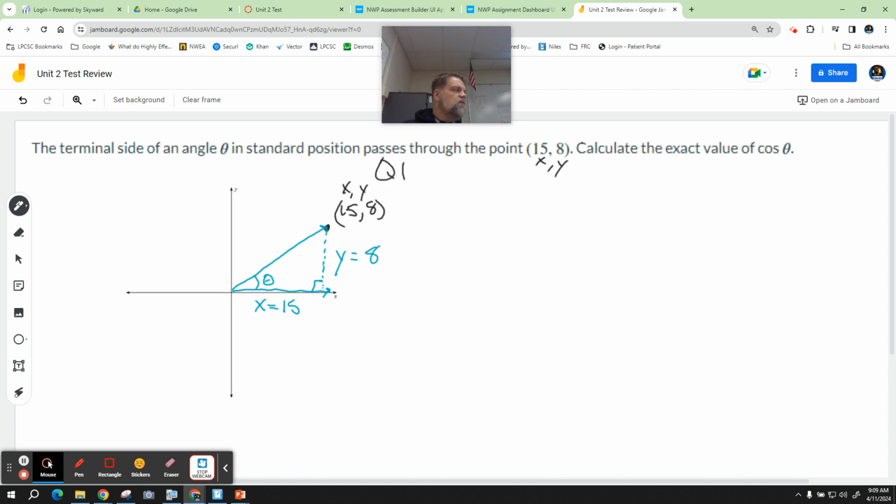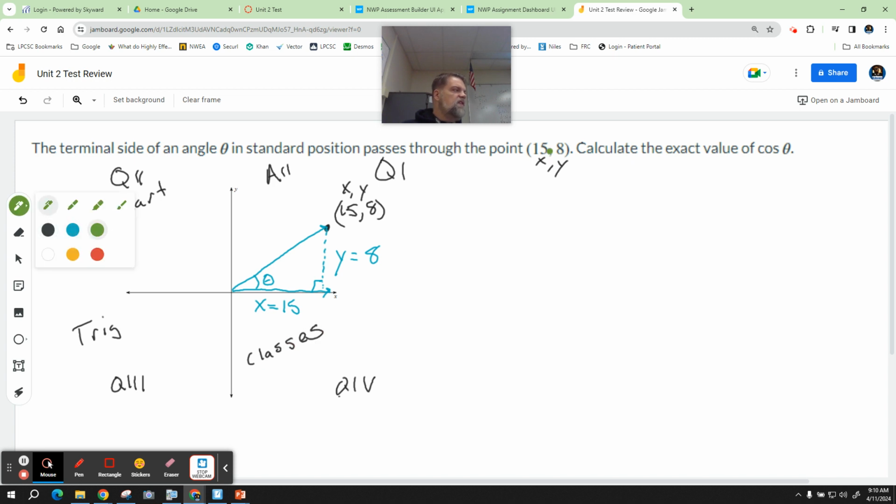Well, I probably should review this. This is quadrant 1, this is quadrant 2, here is quadrant 3, and here is quadrant 4. Also, you have to remember this, that this is all smart trig classes. That's a mnemonic device that helps me to remember that all the trig functions are positive.